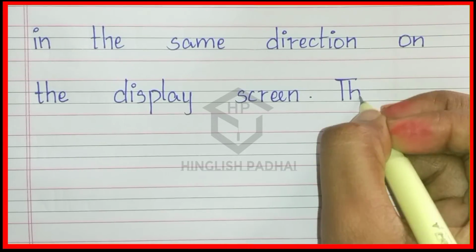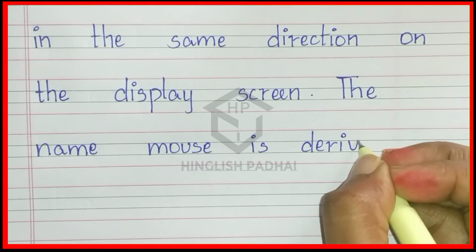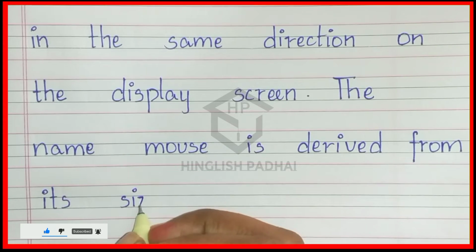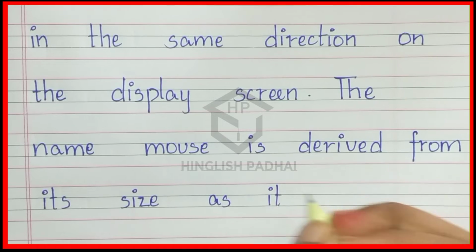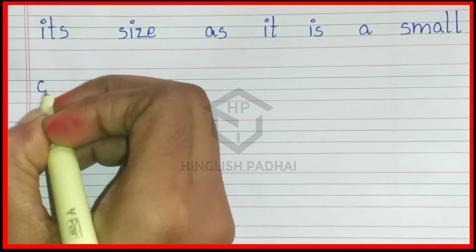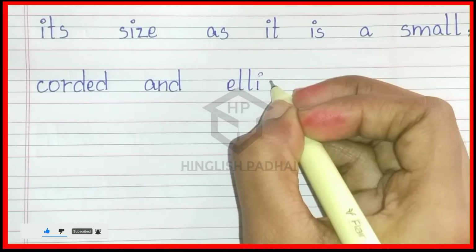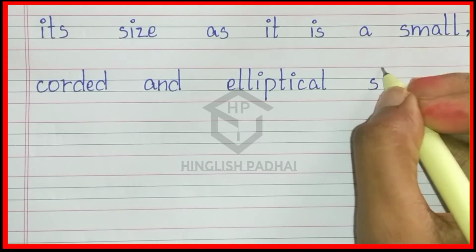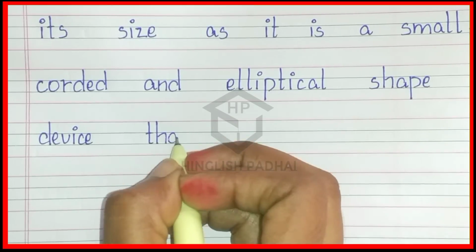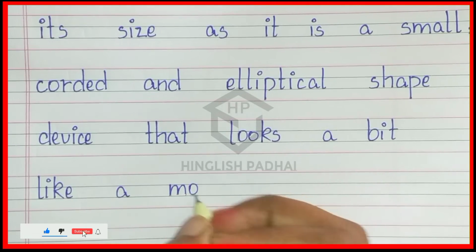The name mouse is derived from its size, as it is a small corded and elliptical shape device that looks a bit like a mouse.